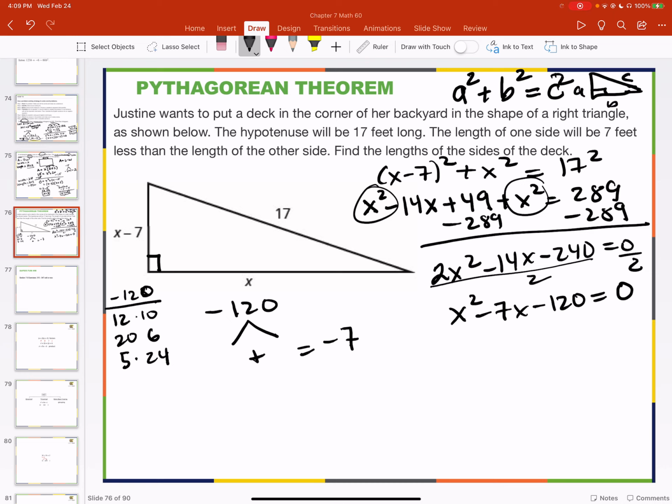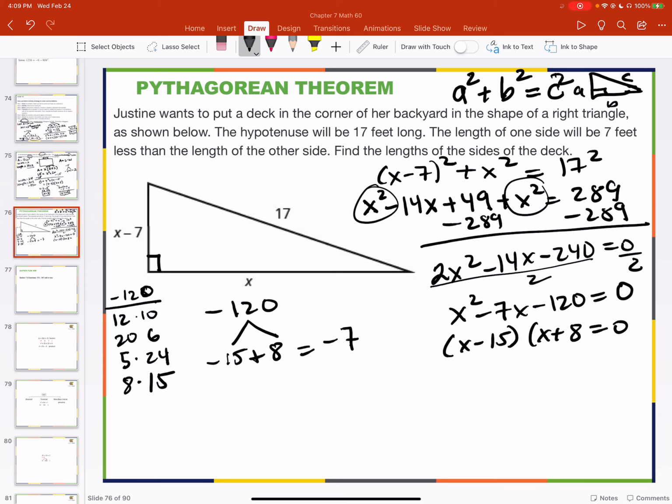What about 8? 8 must divide. 8 and 15, there it is. So then we need a negative 15 and a positive 8. So then this factors to become (x minus 15)(x plus 8).